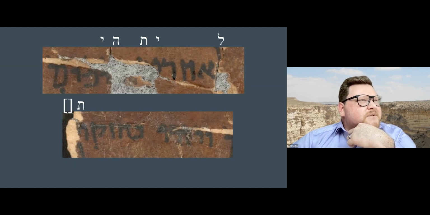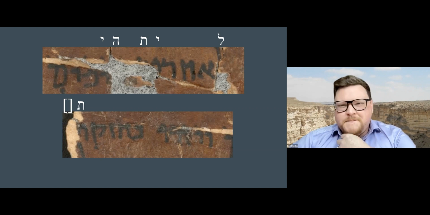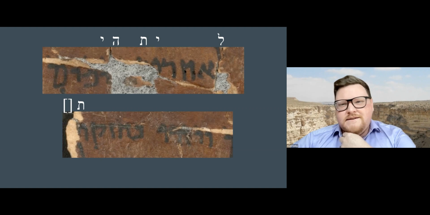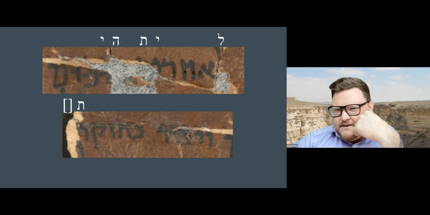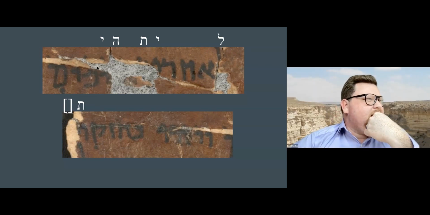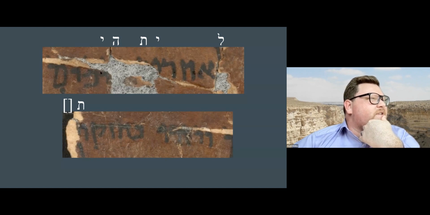The vavs are normally the same length. So acharit. What's acharit? Afterward, afterwards, yeah. And the acharit is connected to the next word. Even though we have a break right here, this is probably a hey and a yod.